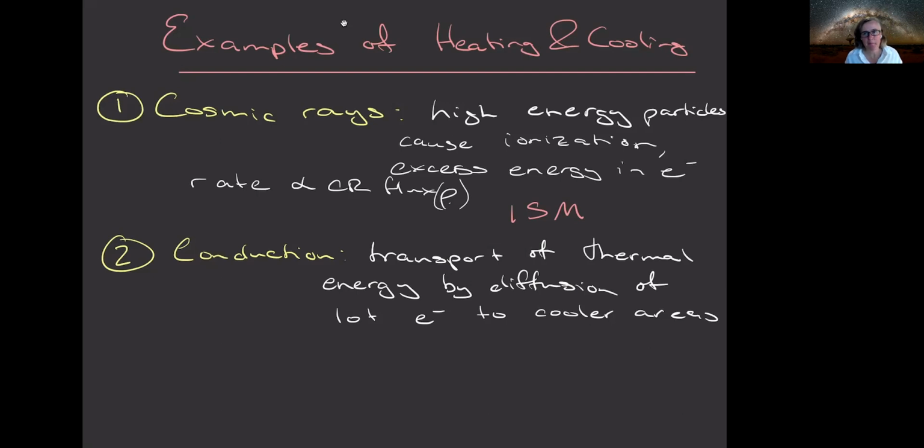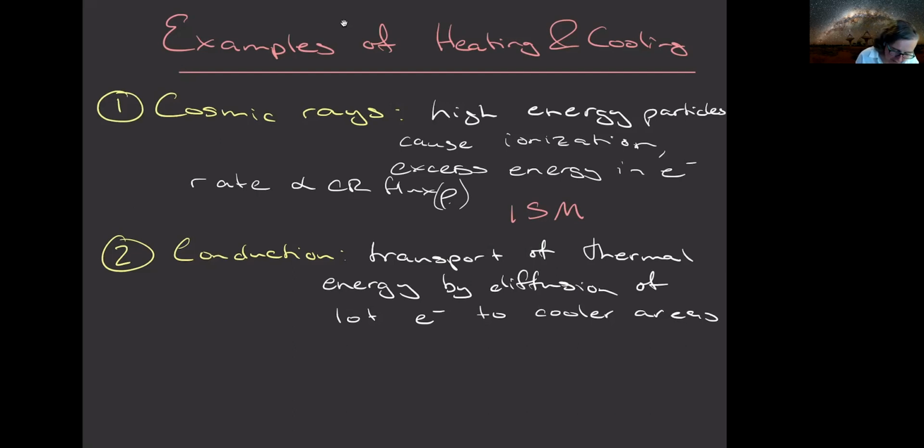I mean, we think of metal as being highly conductive. The idea being that you have kinetic energy associated with your free electrons. If they're hot, then they have a lot of kinetic energy. They move into a cooler area and they transfer some of that.